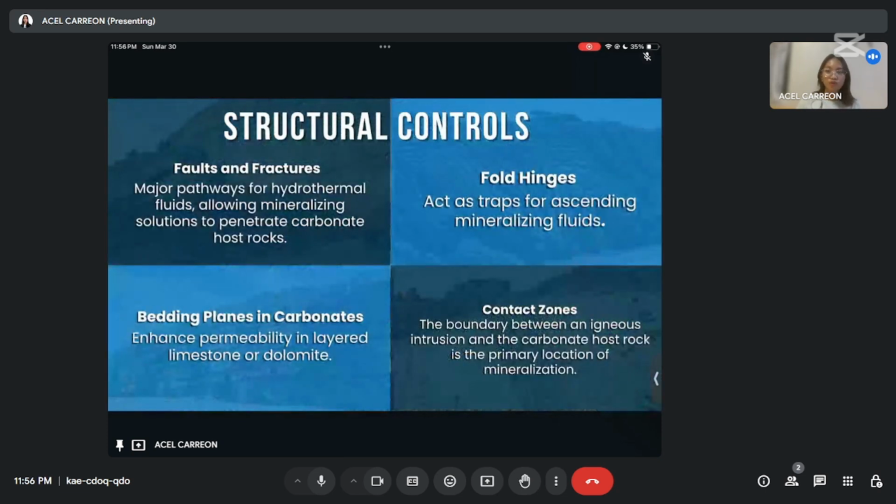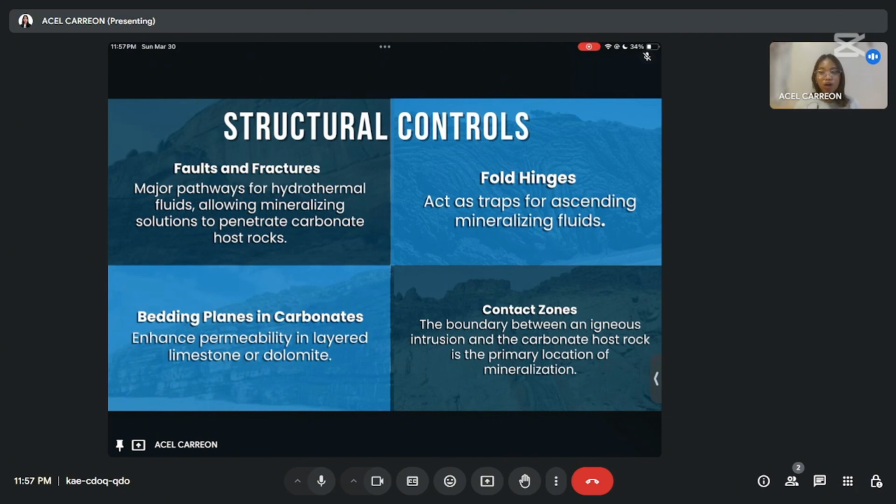The structural controls of skarn deposits include faults and fractures, fold hinges, bedding planes, and contact zones, where faults and fractures act as a major pathway for hydrothermal fluids, allowing the mineralizing solutions to penetrate carbonate host rocks. The fold hinges act as a trap for ascending mineral fluids.